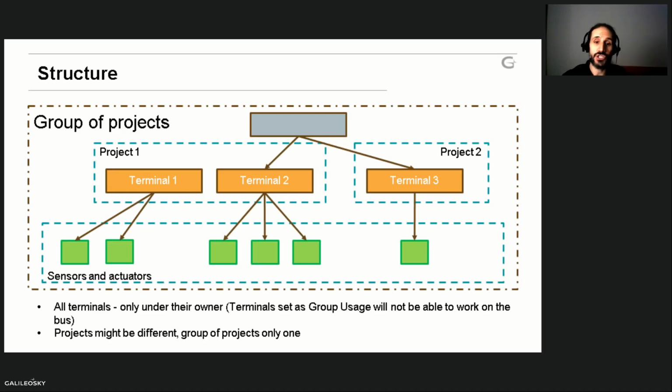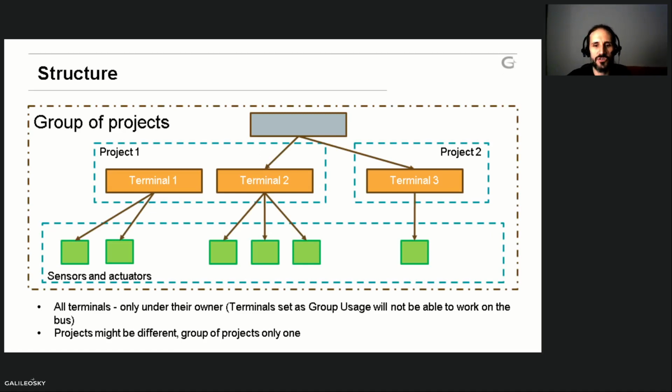So you can manage the different types of terminals, the ones that get data and the ones that do actions on the field, and keep them in different projects, but inside of a group of projects in which they can communicate between each other.